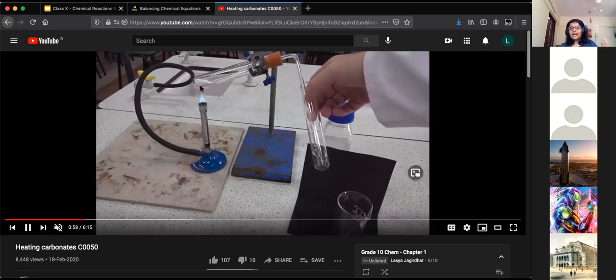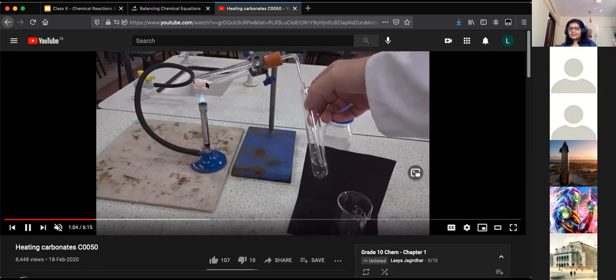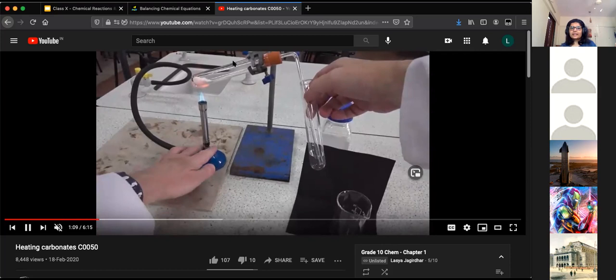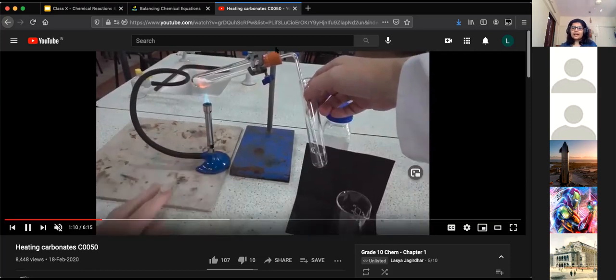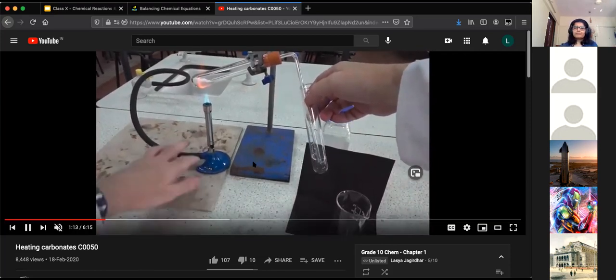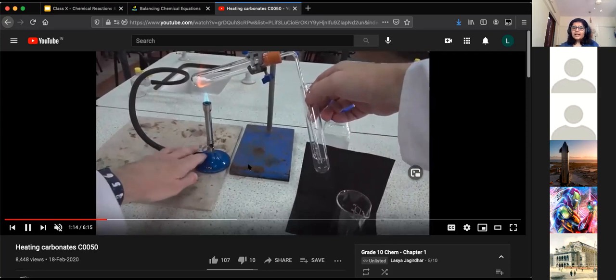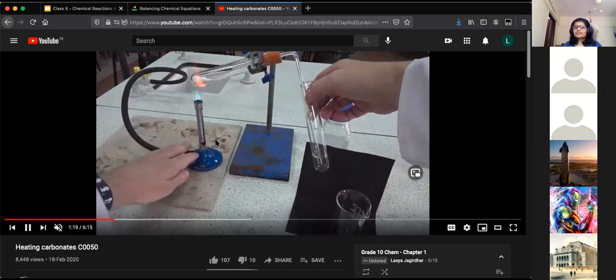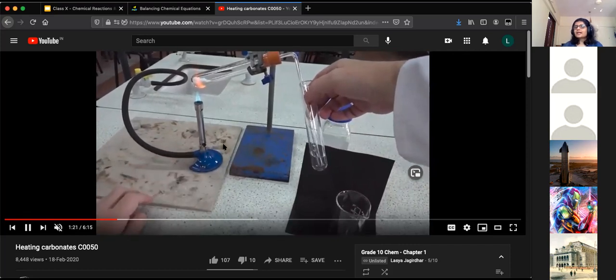But slowly, as you let the calcium carbonate get to that temperature and heat up, eventually the reaction will take place, and you can see a gas coming from here. The gas that is given out is carbon dioxide. I showed you the equation. Now, how do you know that it's carbon dioxide?